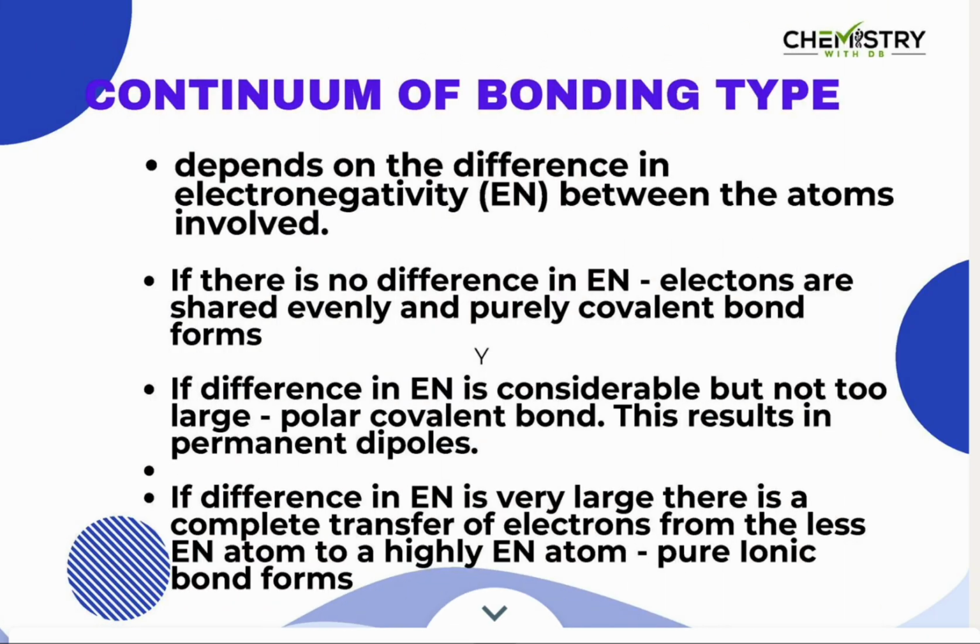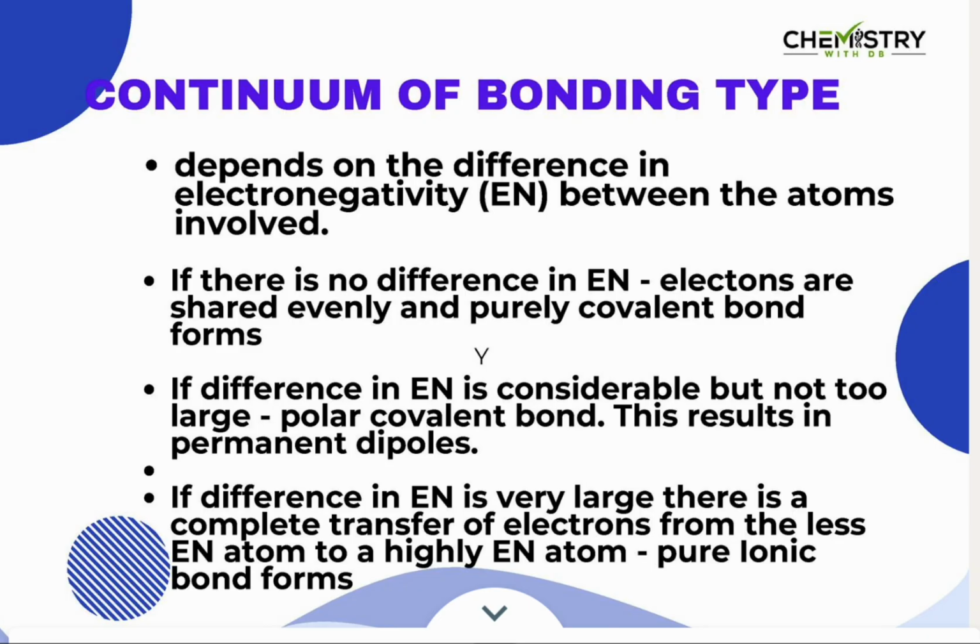Now the continuum arises because of the differences in electronegativity values between the atoms involved in a particular bond. If there is no difference in electronegativity, that means zero, then in that case, what will happen is that the shared pair of electrons would lie right in between the two atoms and strongly attracted by the nuclei of each of these atoms equally.